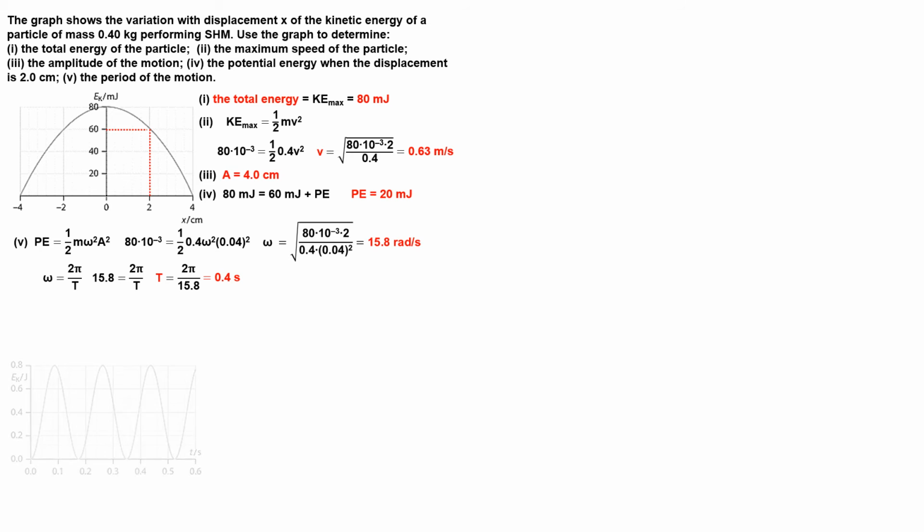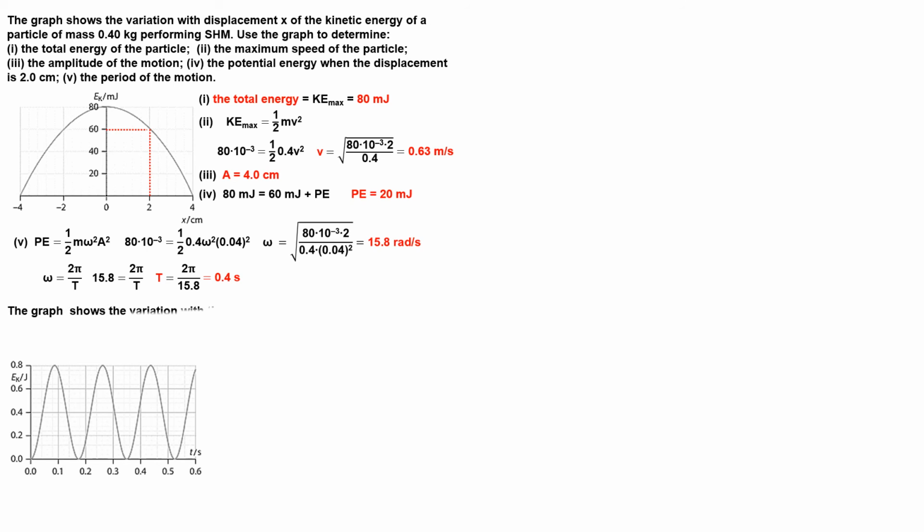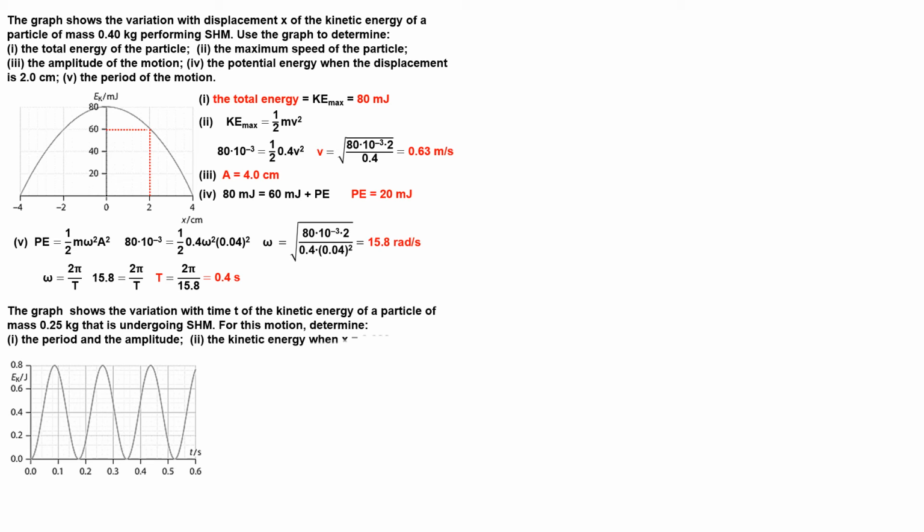Pay attention in this question. It's very important to understand how to find the period from this graph. At t equals 0, the kinetic energy is 0, meaning that the particle is at one extreme of the oscillation.